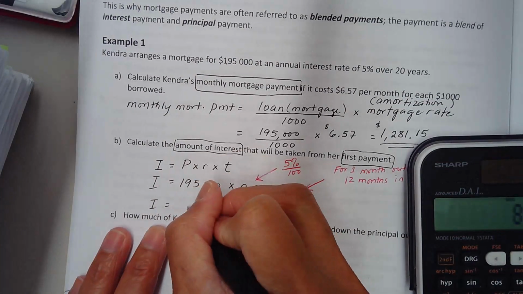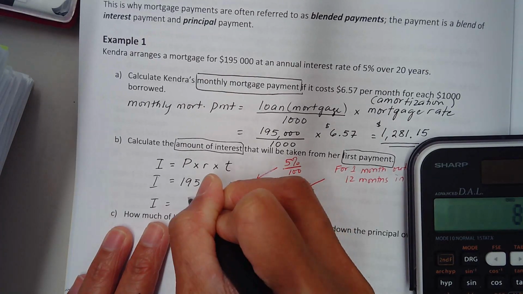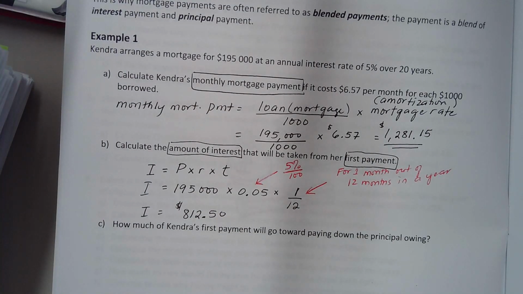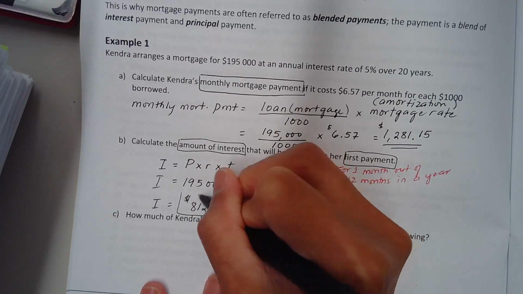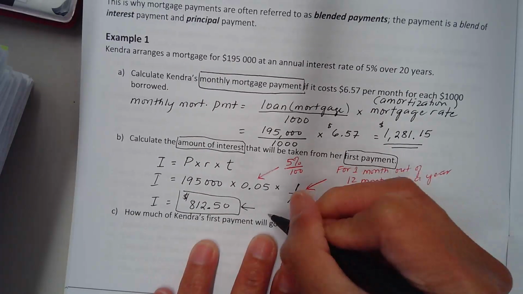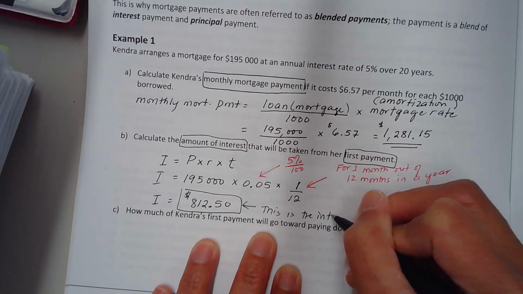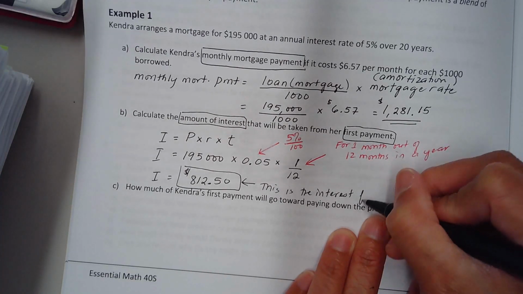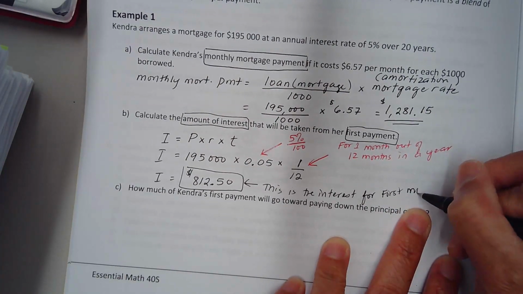That means it's $812.50. So on the first month, this is the interest for the first month.